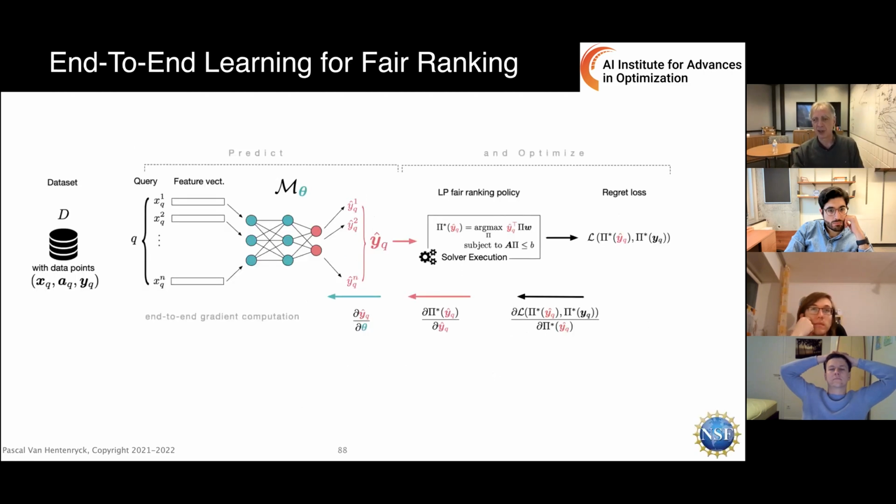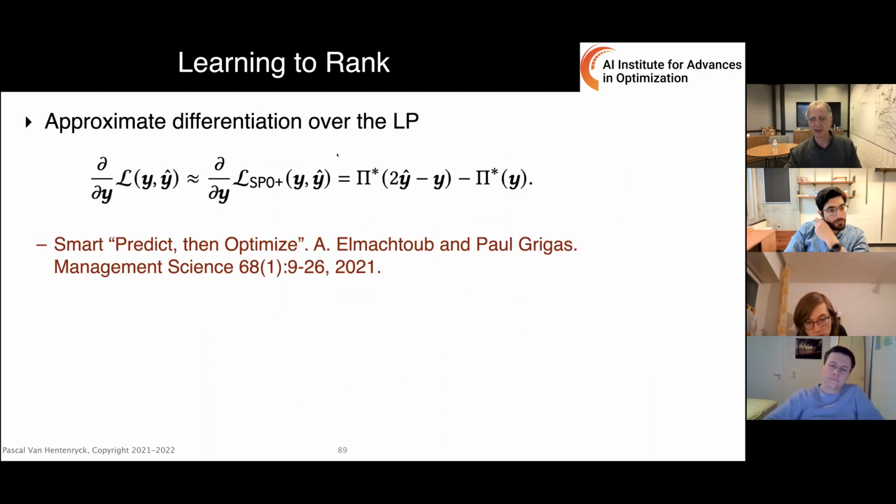And so what we do when we do end-to-end learning is that we put everything inside the same pipeline. So this optimization model becomes a differentiable object. And there is this beautiful result by Adam and Paul, which tells you that you can have an approximation of the gradient by solving two optimization problems.